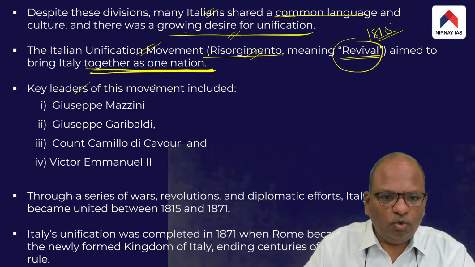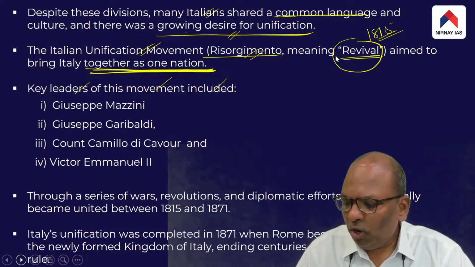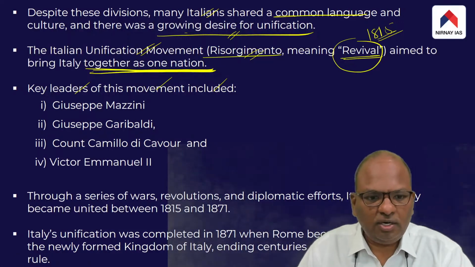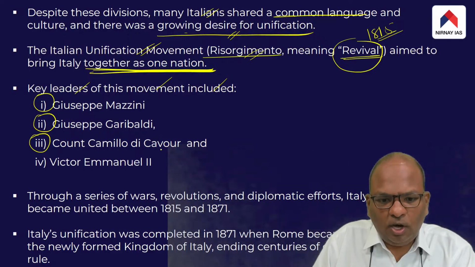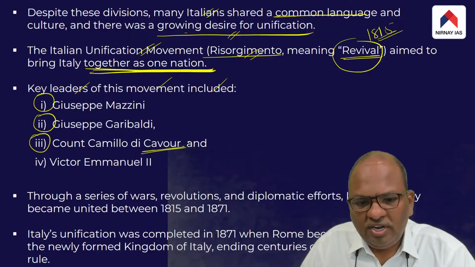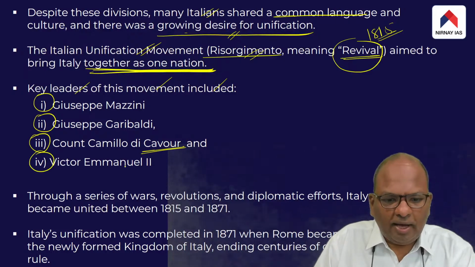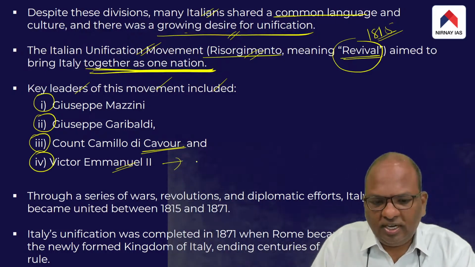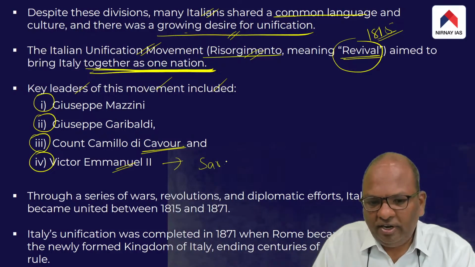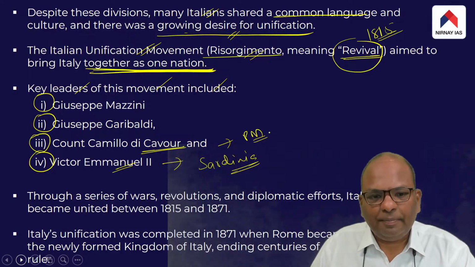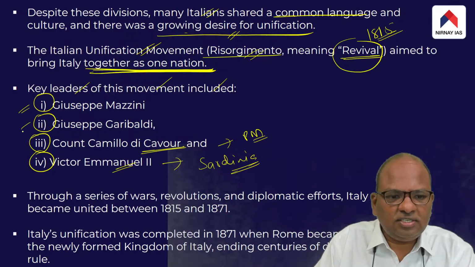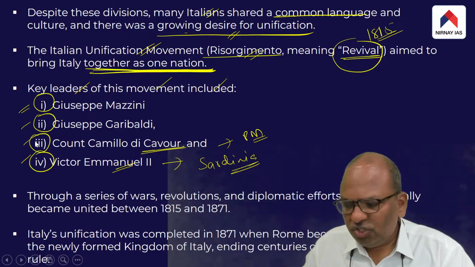The leaders who played an important role were Mazzini, Garibaldi, Count Camillo di Cavour, and finally Victor Emmanuel. Victor Emmanuel was the ruler of Sardinia Piedmont. Count Cavour happened to be the Prime Minister of Sardinia Piedmont. We will be discussing a few details relating to all four individuals shortly.